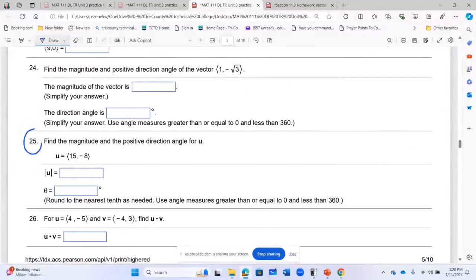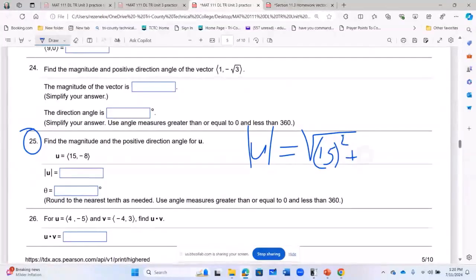By the way, anytime I'm told to find the magnitude, let me call this one vector u. The magnitude of vector u is the square root of the x component squared plus the y component squared. That is the magnitude.